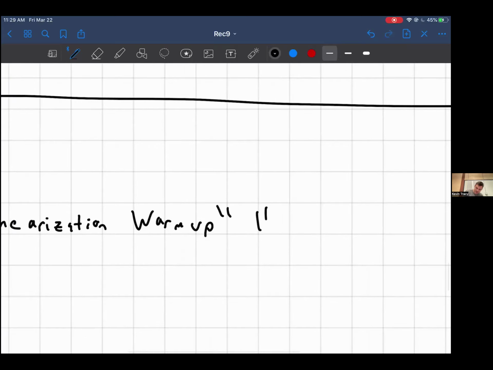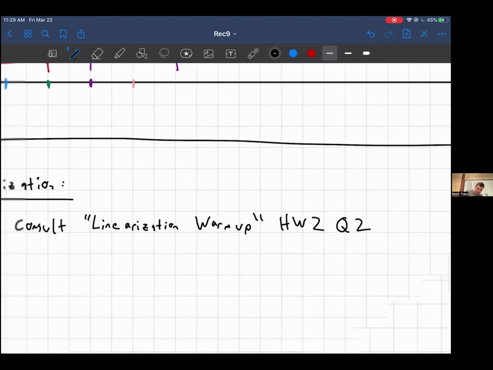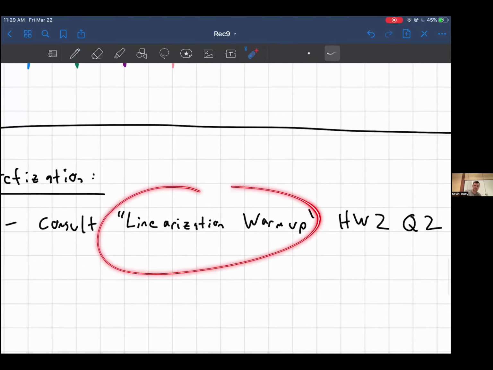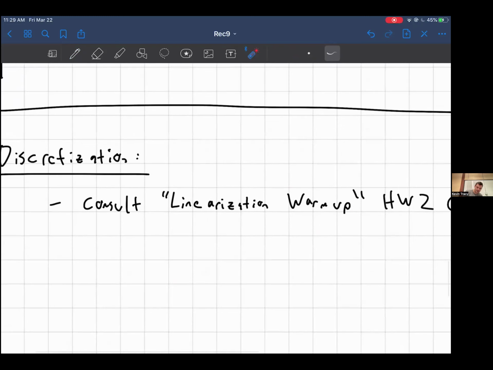I believe this was homework 2, question 2, where we're tracking the cart-pole swing-up. I'm pretty sure. So when in doubt, consult this. Make sure you really understand what goes on in those few lines.